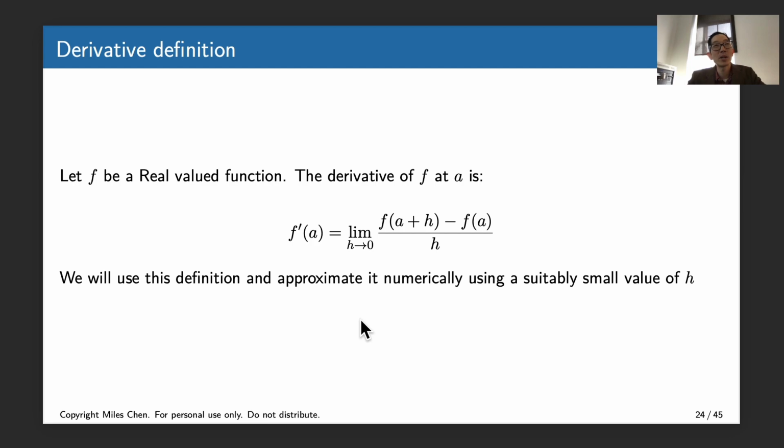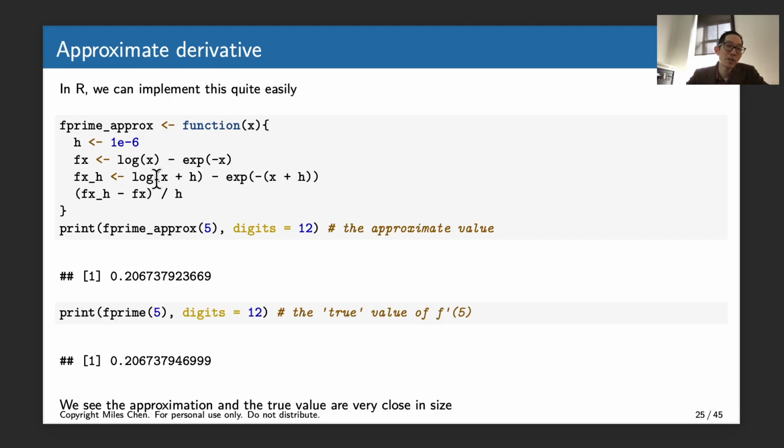And so to approximate the derivative, we're not going to push h to 0, but we'll just take a small h, like 10 to the minus 6 or 10 to the minus 5 or whatever it is, right? Just plug in a tiny little h, and then we can do the calculations and see how much it changes. So here I'm going to say this is f prime approximation. My function, f of x, is log of x minus e to the negative x.